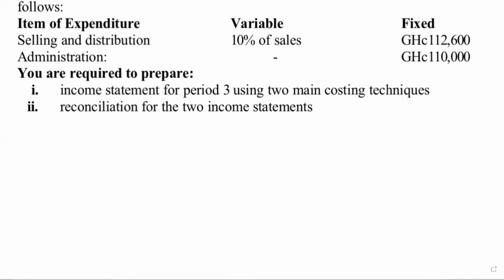I'll take you through. So before I continue, I want to talk about the under absorption and over absorption because I've seen that here. So with the under absorption of fixed overhead and over absorption of fixed overhead, this fixed overhead absorption or under absorption of the overhead, it comes only under the absorption costing.